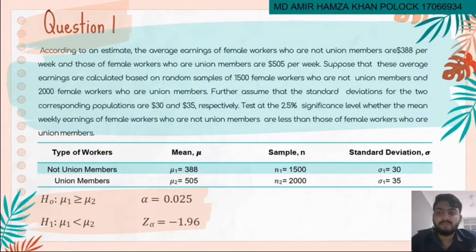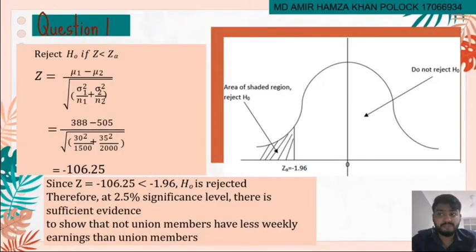And moving to the next slide, we will reject H0 if z is smaller than z alpha, and z equals mu1 minus mu2 over the root of sigma 1 square divided by n1 plus sigma 2 square divided by n2, that is 388 minus 505 divided by root over 30 square divided by 1500, putting the values from the given, plus 35 square divided by 2000.